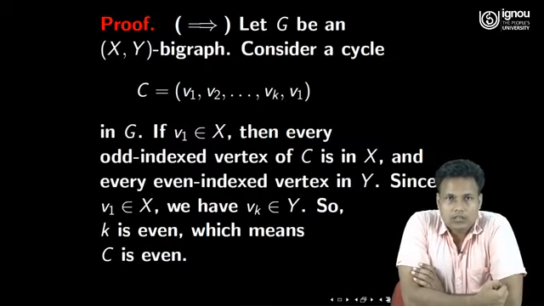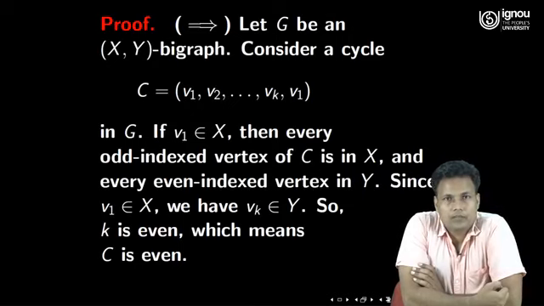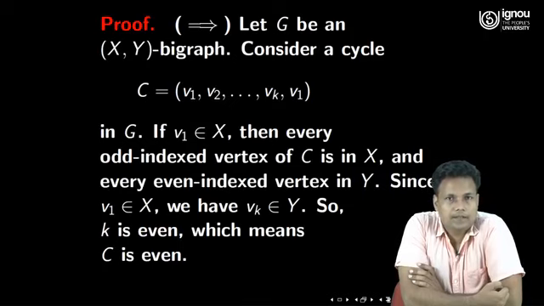Okay, so let G be an X,Y-bigraph, and now consider a cycle C = V1, V2, up to Vk, V1 in G. So this cycle has length k, right? There are k vertices, and you know that any cycle on k vertices has length k.